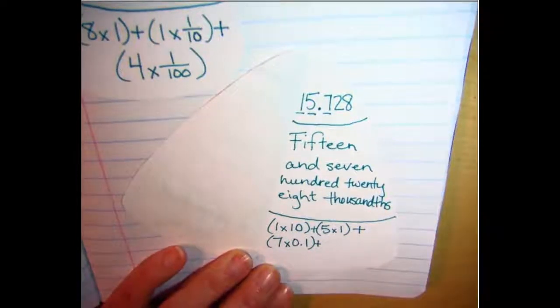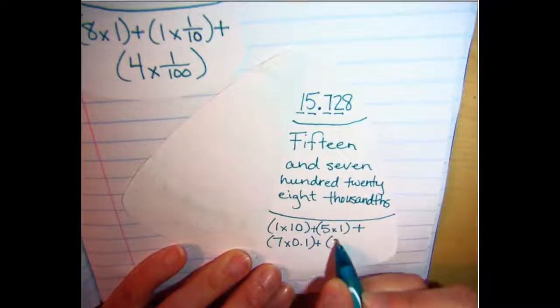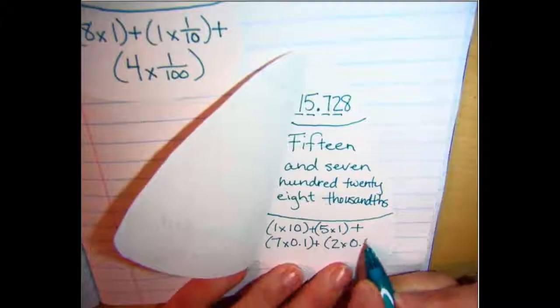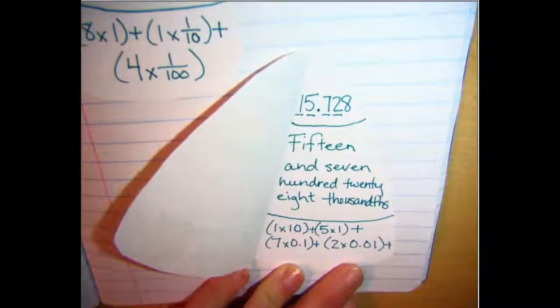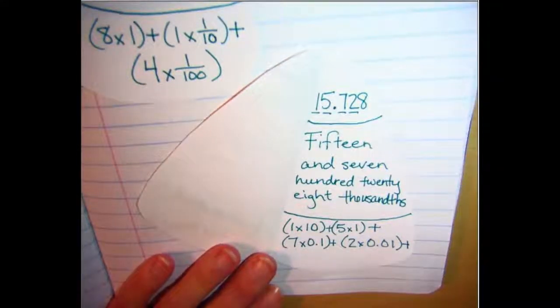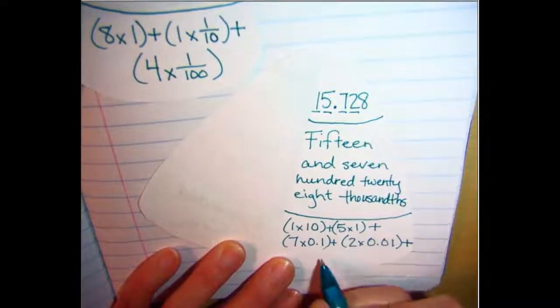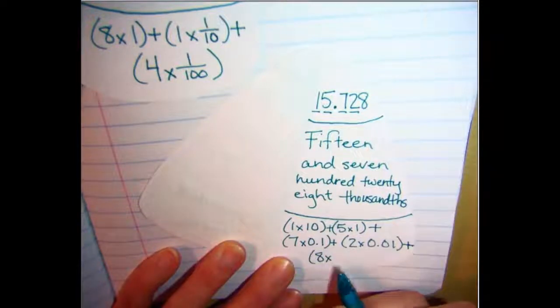What am I going to hit next, Lila? You're going to do 2 times 0.01. And 0.01 is 1/100th. Good. And what am I going to wrap it up with? Somebody different. Brandon. 8 times.